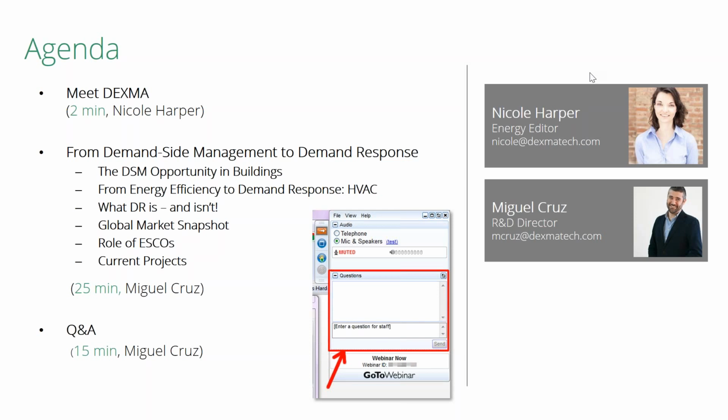And I would say that for HVAC control, it starts to be interesting for buildings larger than 4,000 square meters or something like that. But it's a case-by-case assessment that has to be done in order to answer the question.